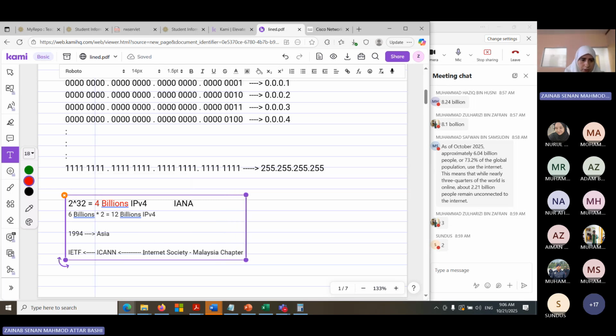So these people, the Internet Society, are NGOs, people who volunteer to help govern the internet. If you are a member of this one and you are so active, you will go to all ICANN meetings.